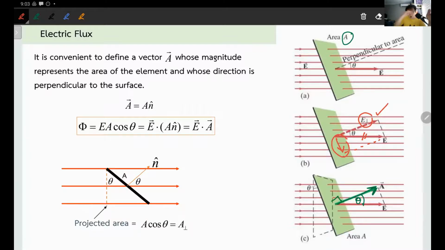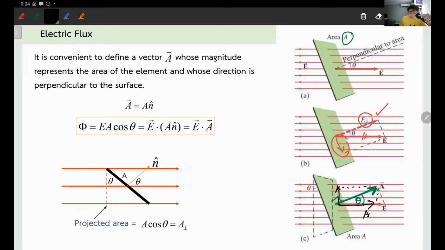That's figure B. In the other way, I'm just going to stick with the electric field that already points in the horizontal direction, and then I'm going to break the area vector instead. That means I can break A into two components. The only component I'm going to take into consideration is the one along the horizontal electric field, the area vector that actually points horizontally.